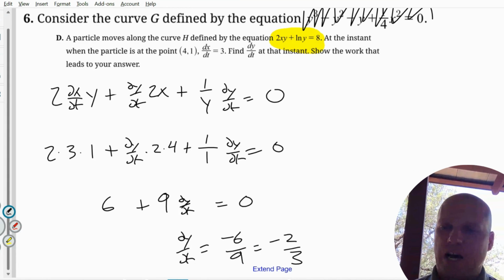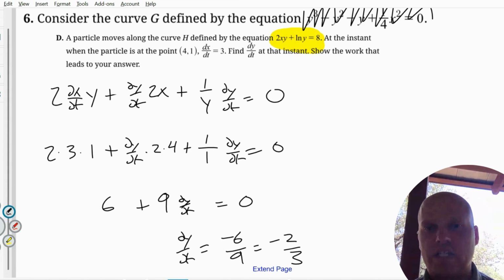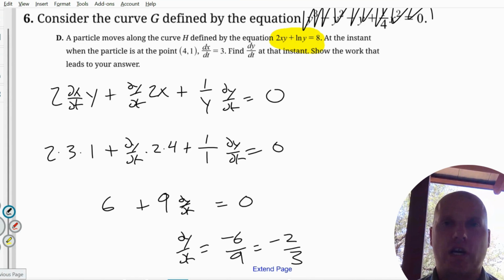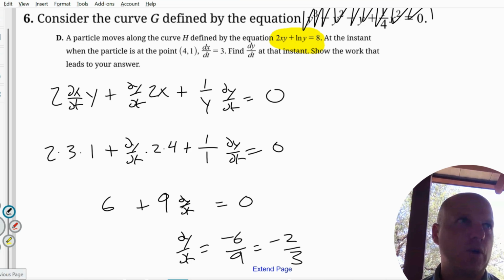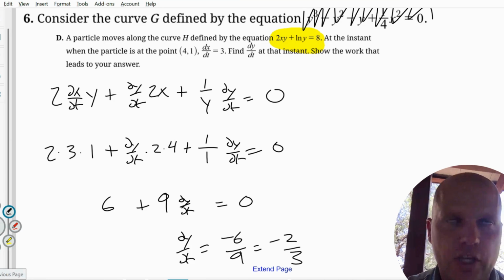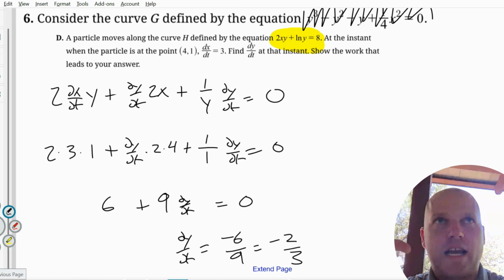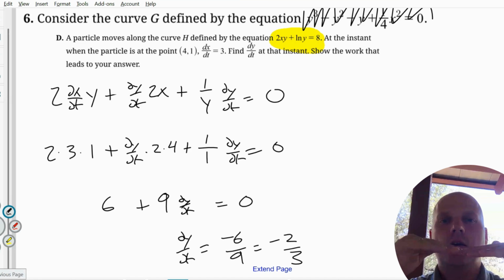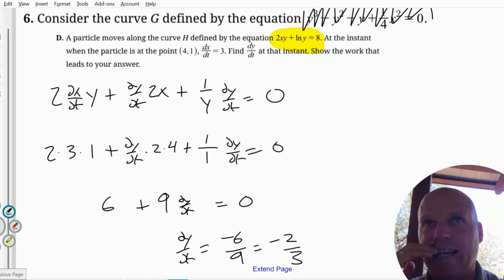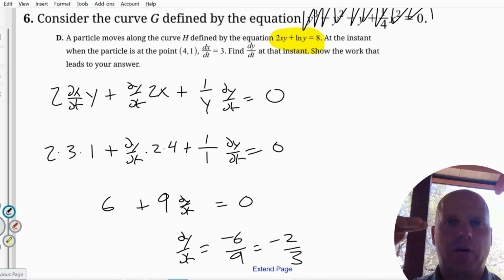Overall, team, I thought this test was fairly soft, very straightforward. Maybe it's because it was on the computer for the first time. I heard the multiple choice was harder this year than expected, and maybe the free response was easier. Maybe they're trying to get the multiple choice and free response results to be more in line, because in the past, multiple choice is better performing than free response.